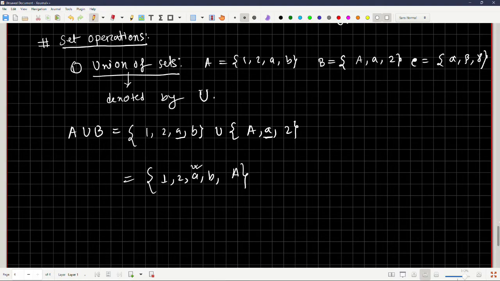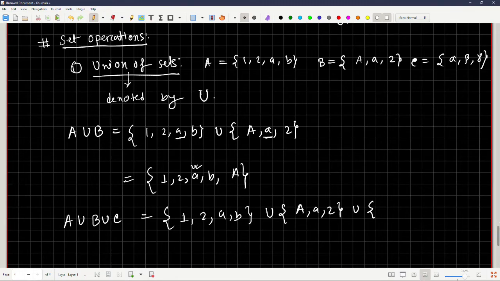Okay, sir. So this is how you do union, and if you want to have a union of 3 sets like this, A union B union C, it will look something like this. It's pretty simple. C is what? Alpha, beta, gamma, right?